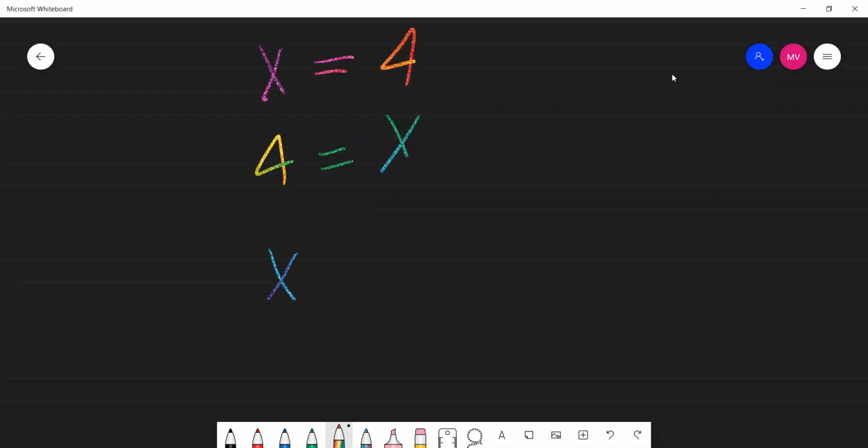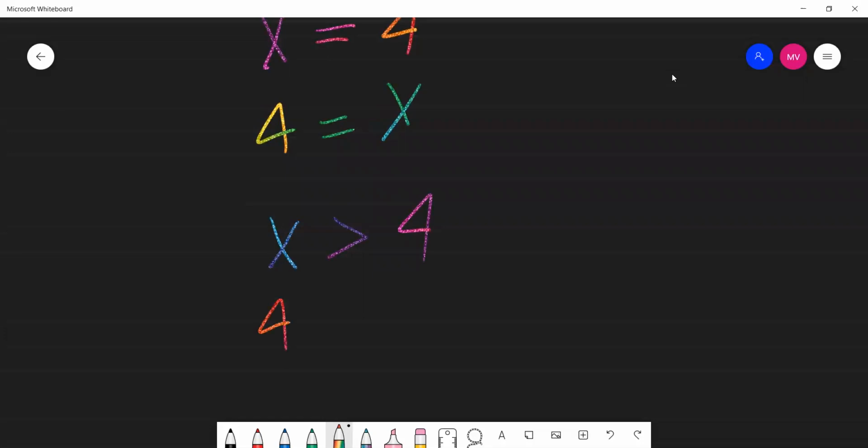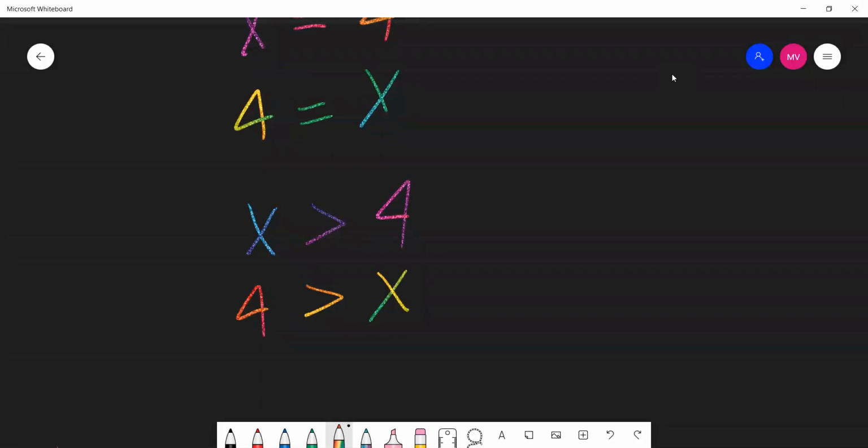Now, what if I said that x is greater than 4? Does that mean that 4 is greater than x? No. They mean the exact opposites of each other. So remember, if you ever solve a problem and end up with your constant answer on the left and your variable on the right, and you need to switch it, make sure that you also flip that inequality symbol.